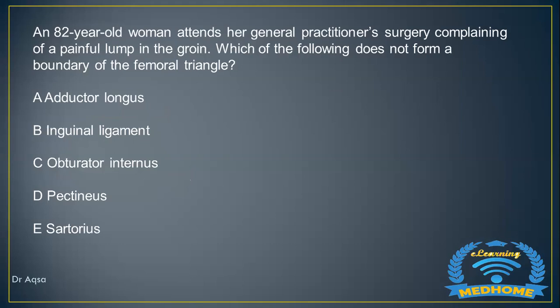Adductor longus muscle, inguinal ligament, obturator internus, pectineus, sartorius. Ma'am, C, obturator internus, because it does not form part of the triangle. Yes, excellent. The lateral boundary is formed by sartorius, medially adductor longus, and then pectineus and inguinal ligament form the base. Noorpur and Fiba, you are also correct in the chat box. Claps for all of you.